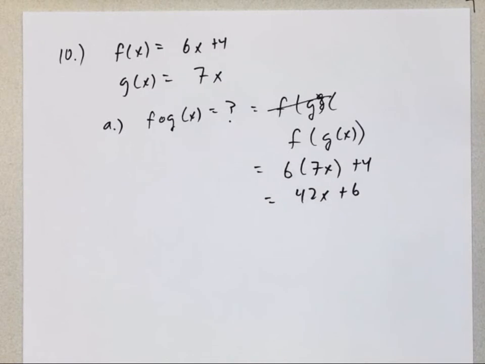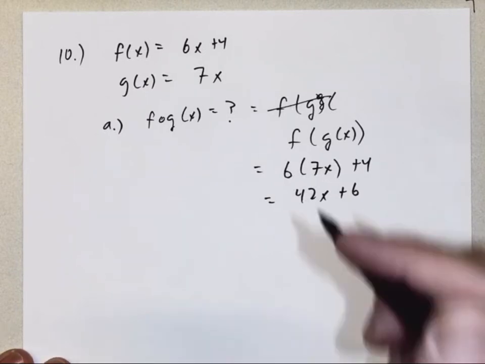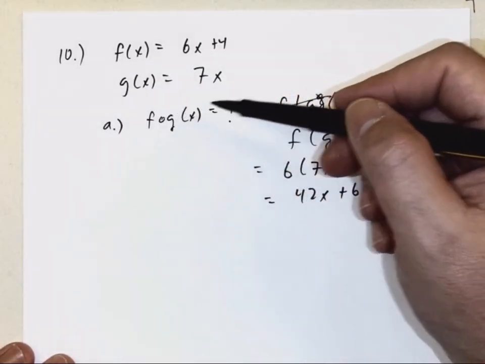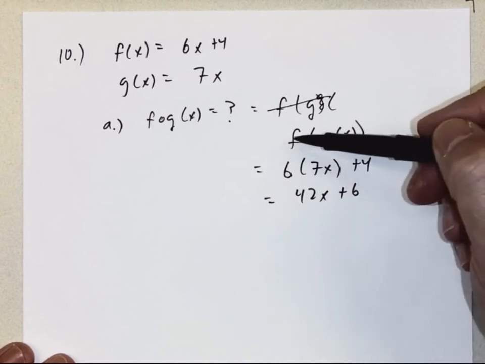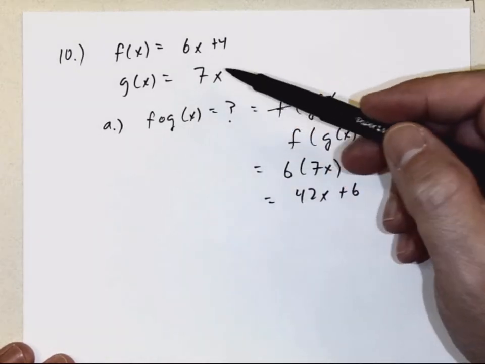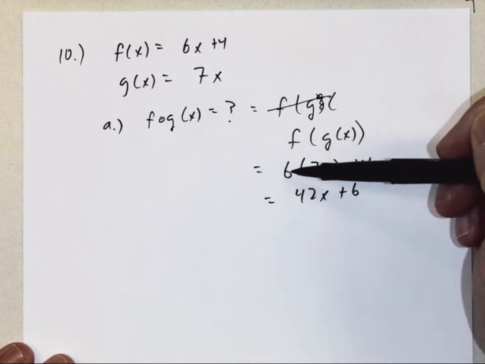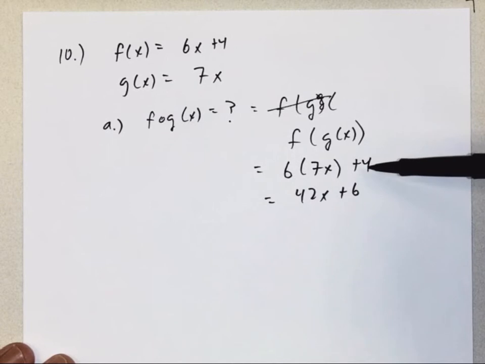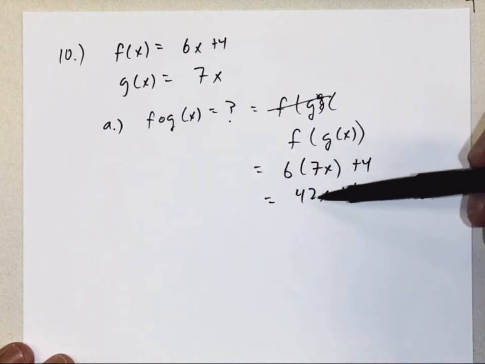And I look, thankfully I have the answers here, and it looks like I made a math error. So that happens. Maybe you're watching and you saw me make it, and you're trying to scream at me. So f composite g of x is f of g of x. The f function, 6x, so you put in here 6 times 7x plus 4, 42x.